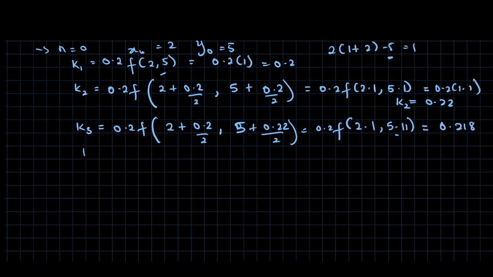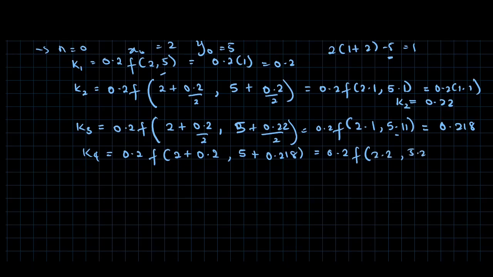Then k4 simply equals 0.2 f of xn plus h, comma yn plus k3, which is 0.218, which is equal to 0.2 f of 2.2 and 5.218, which is equal to 0.2364.